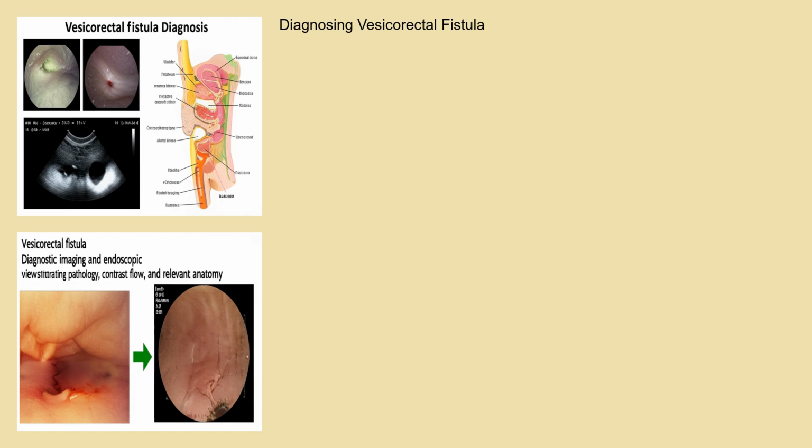Diagnosing a vesicorectal fistula requires a thorough medical history, physical examination, and a combination of diagnostic tests. A urinalysis can reveal evidence of infection, such as white blood cells and bacteria. Cystoscopy, a procedure where a thin tube with a camera is inserted into the bladder, allows the doctor to visualize the bladder lining and potentially identify the fistula opening. A colonoscopy, which involves inserting a similar tube into the rectum, can help visualize the rectal lining.